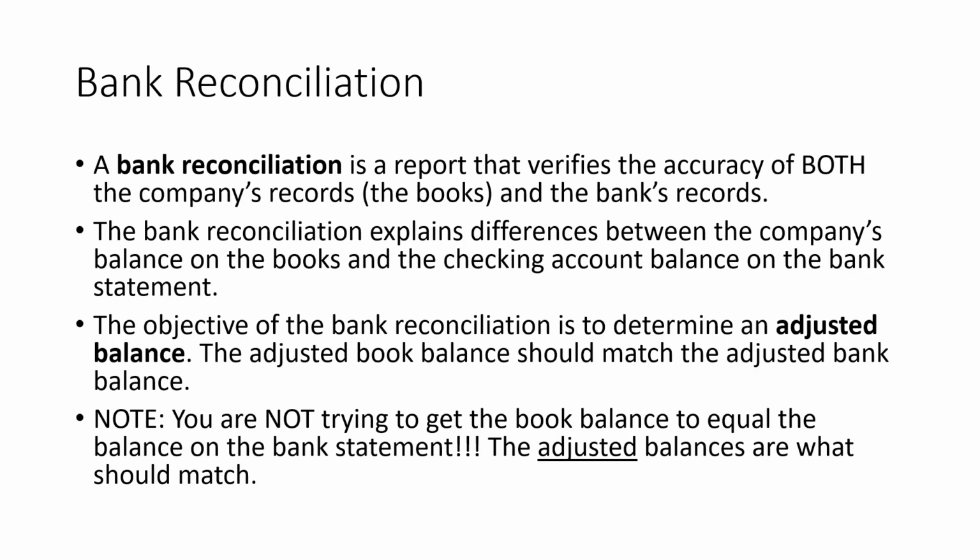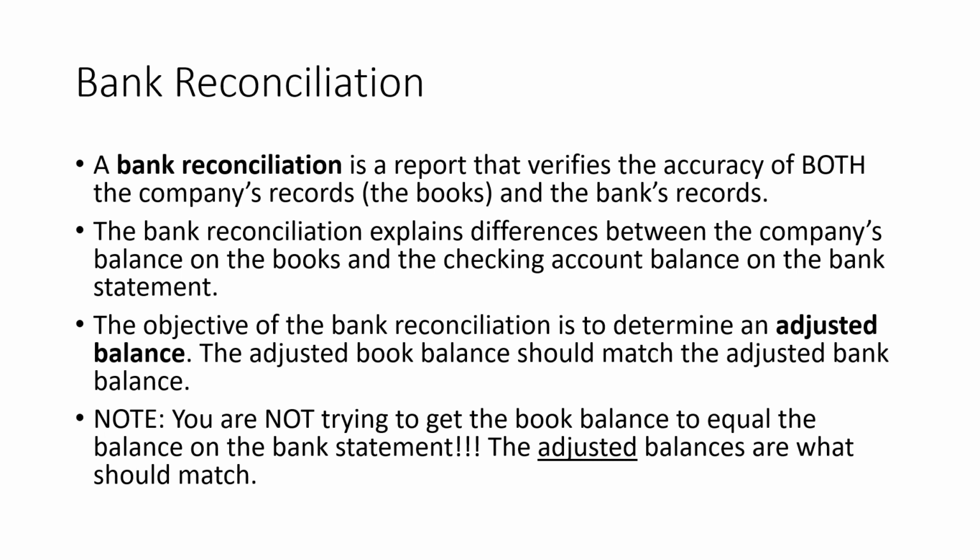So the company has to do a bank reconciliation. Essentially, what a bank reconciliation does is adjust the bank account balance and adjust the book balance to get them to a reconciled amount. So you're not trying to match your accounting records to what the bank statement says.